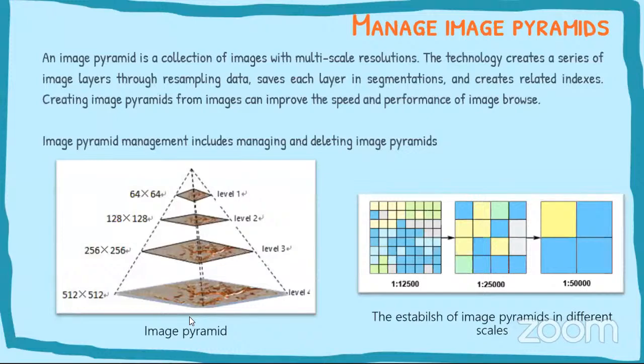So this is what we need to know: the higher the image resolution, the smaller the cell size. Respectively, the top is the lowest resolution image of the pyramid, which is 64 times 64. So this image pyramid has 4 layers, which means it has 4 levels of resolution. Obviously, the higher the resolution of the image, the more levels the image pyramid has.